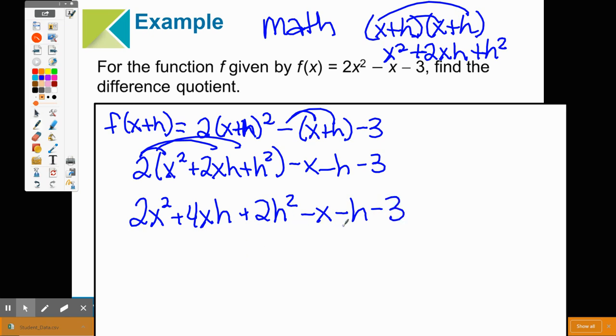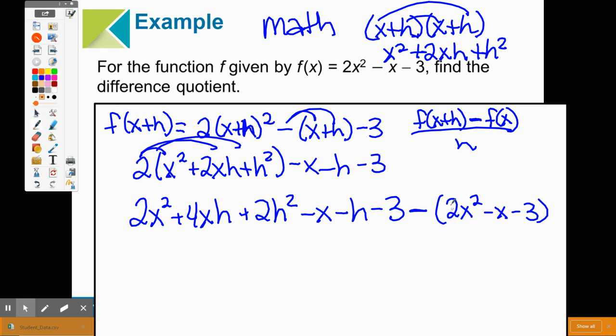And there are no like terms. That's what it looks like. Now we will subtract f of x, which is 2x squared minus x minus 3. Why are we subtracting that? Because that is what the formula is. f of x plus h. Now we're going to subtract f of x. They're going to put that answer over h.